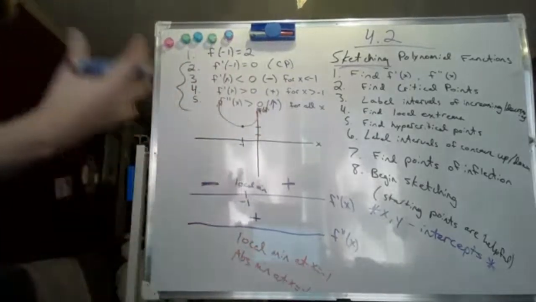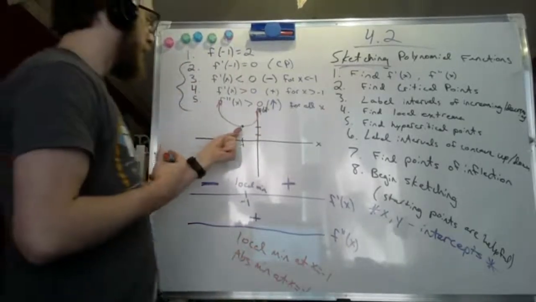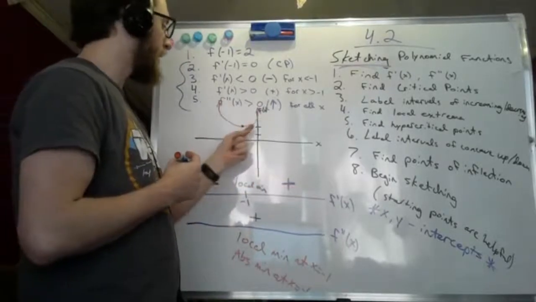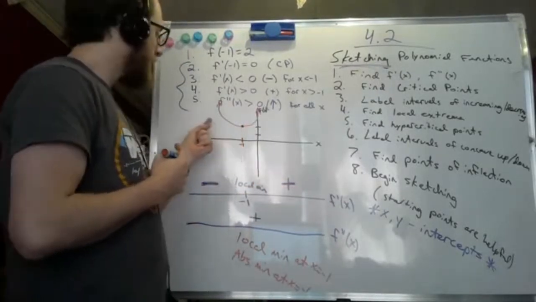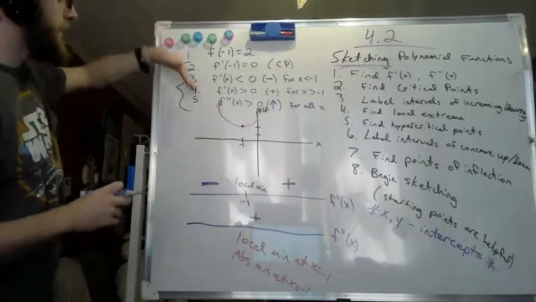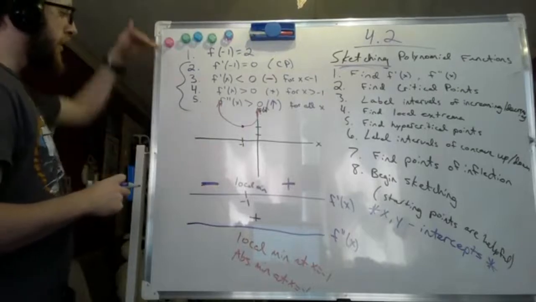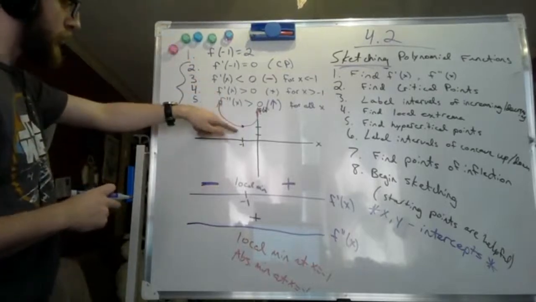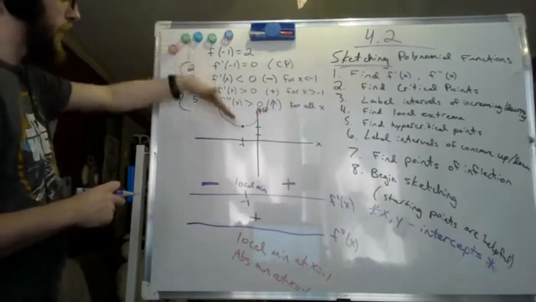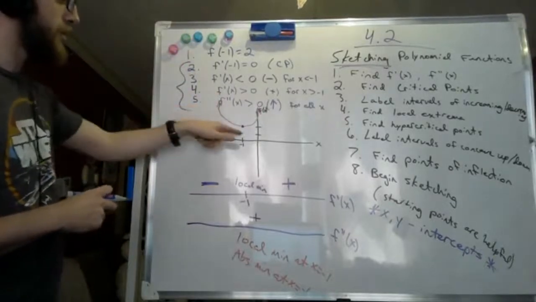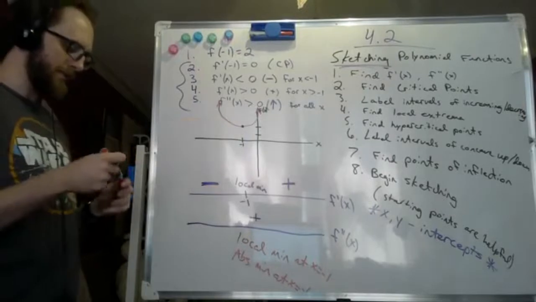And we know that it's absolute because everything to the right of it is bigger. It's increasing, so nothing to the right will ever be smaller than it. And to the left, we had to decrease to get towards it. That's for all of the x's to the left of it. So if you have to decrease to get to it, then there's no x values over here that are going to result in an f of x that are smaller than it. So it must be an absolute minimum.